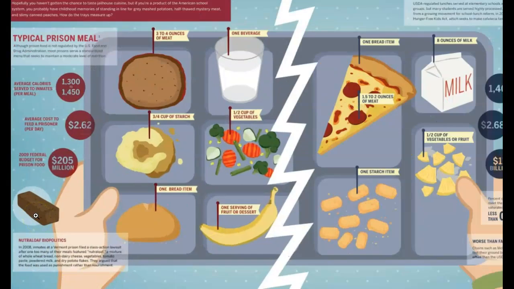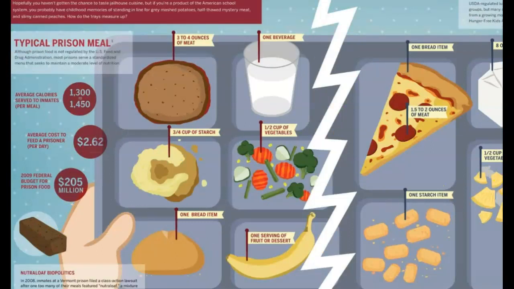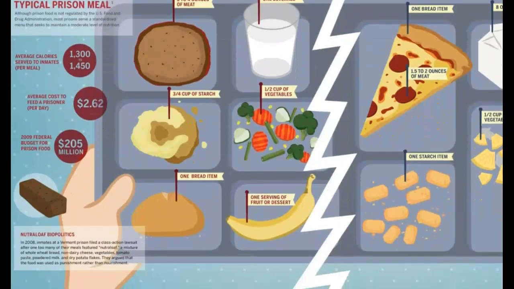So let's see if I can blow this up just a little bit more to show you something on here that would not be helpful to you. This thing about Nutriloaf, biopolitics. In 2008, inmates at a Vermont prison filed a class action lawsuit after one too many of their meals featured Nutriloaf, a mixture of whole wheat bread, non-dairy cheese, vegetables, tomato paste, powdered milk, and dry potato flakes.